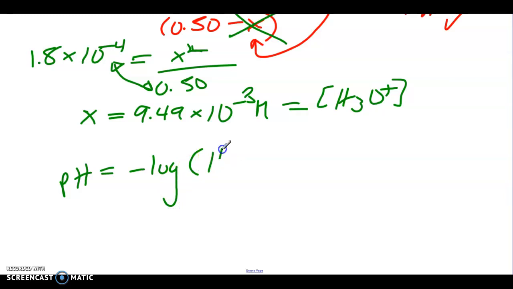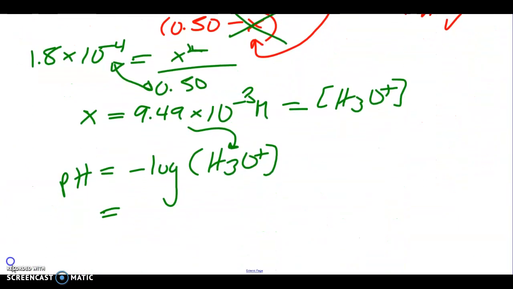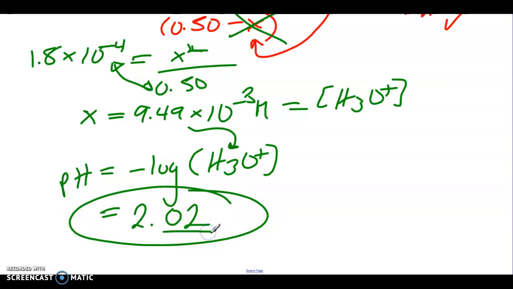So if we take the negative log of our hydronium concentration, keep in mind, for significant digits, 0.50 is 2, so that means that we're going to have 2 decimal points. Remember, the pH significant digit rules are different. So we get 2.02 for our pH for that solution.